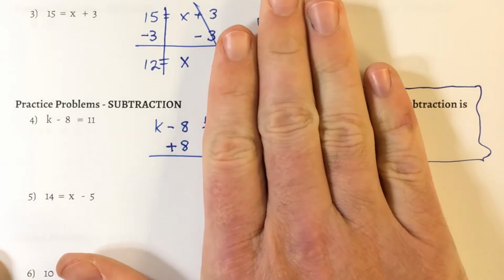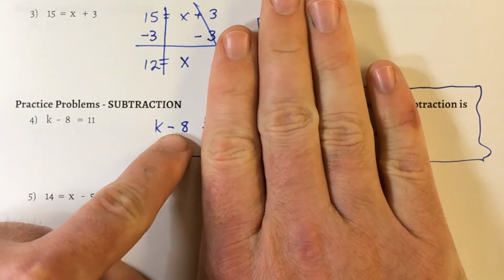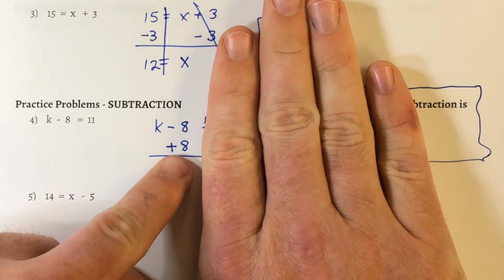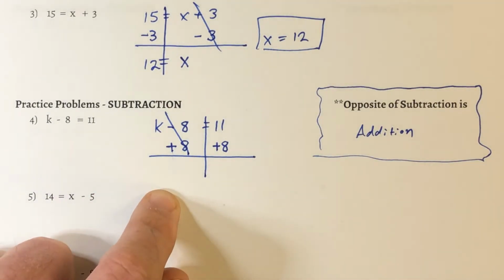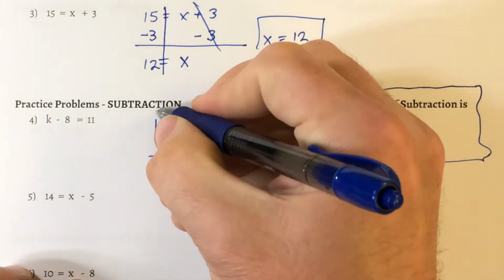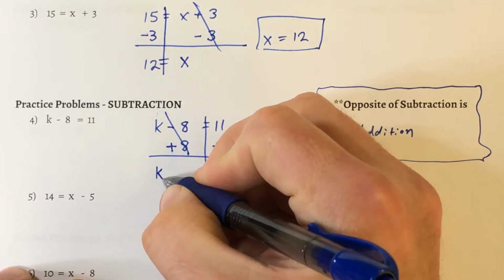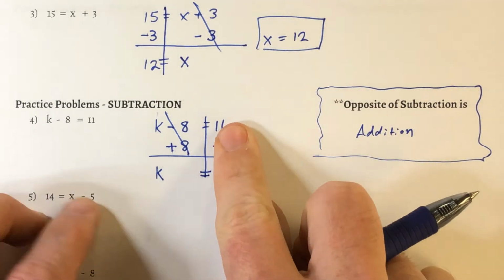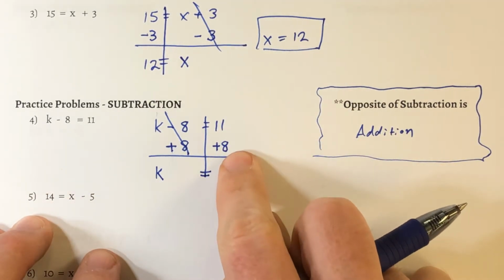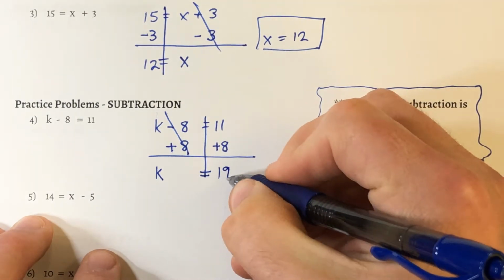Let's work on the left side first. Again, opposites. Negative 8, if you add 8, guess what? They're gone. They're going to cancel each other out, leaving us with our variable all by itself, exactly what we want. All right, the opposite side, 11 plus 8, 19.